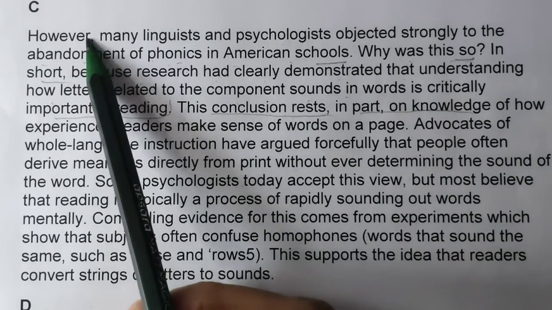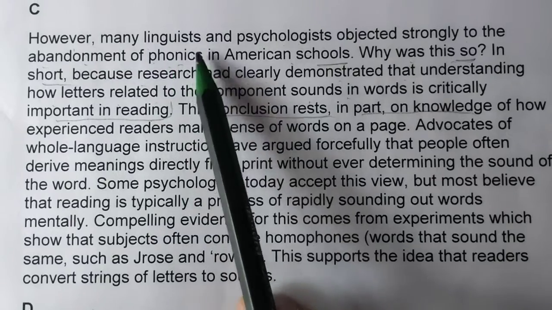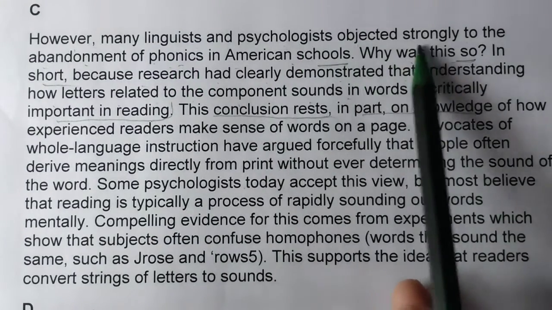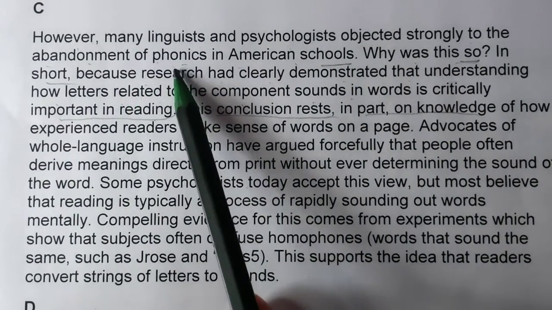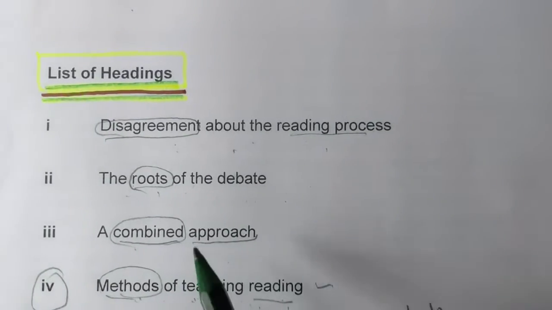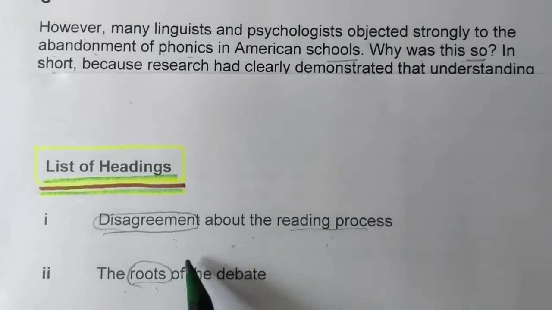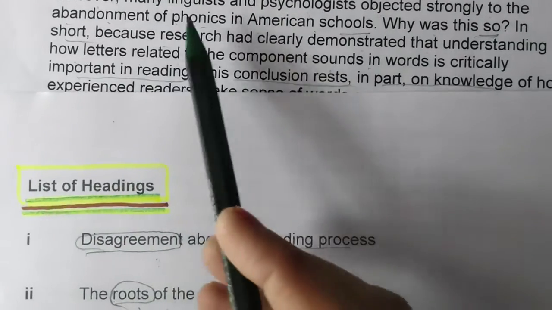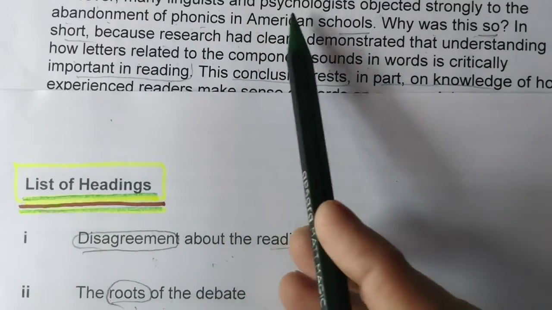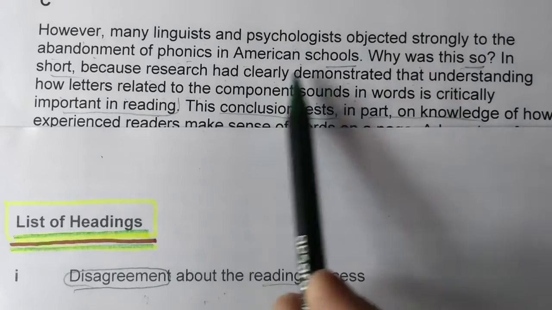So the first line says, however, contradiction. Many linguists and psychologists objected strongly to the abandonment of phonics. Okay, so let's read the options first. Disagreement about the reading process. So disagreement we can say, however, many linguists objected strongly to the abandonment of phonics in American schools.